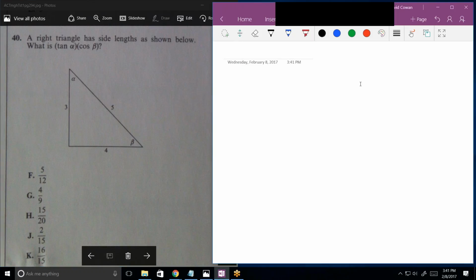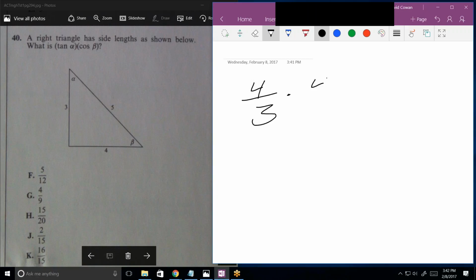All right, here's another trig problem. This one is tan A times cosine B. Tan A is 4 over 3. Cosine B equals 4 over 5.